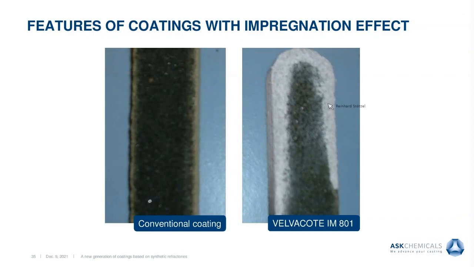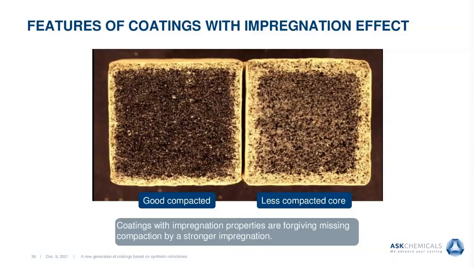And you can imagine where the coating is, no more metal can penetrate and burn into the sand. To a certain extent, it also forgives bad compaction. As you see here on the right side, the coating soaks in much deeper compared to a well compacted core.